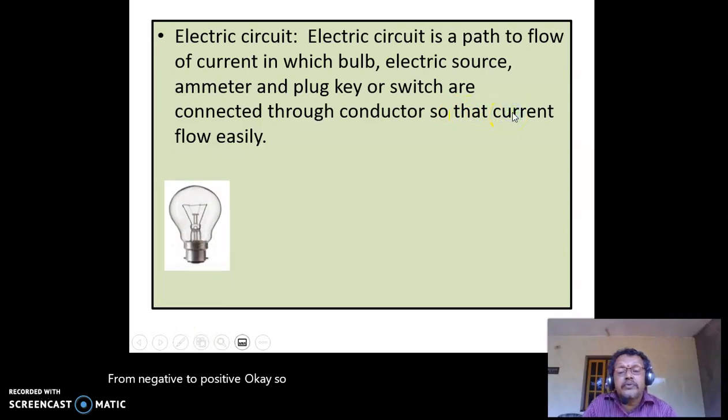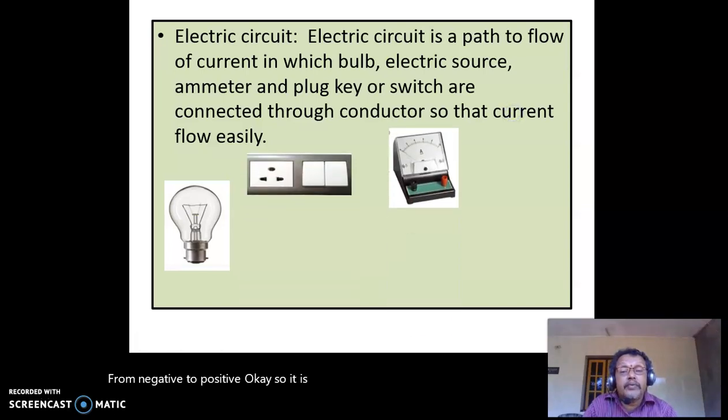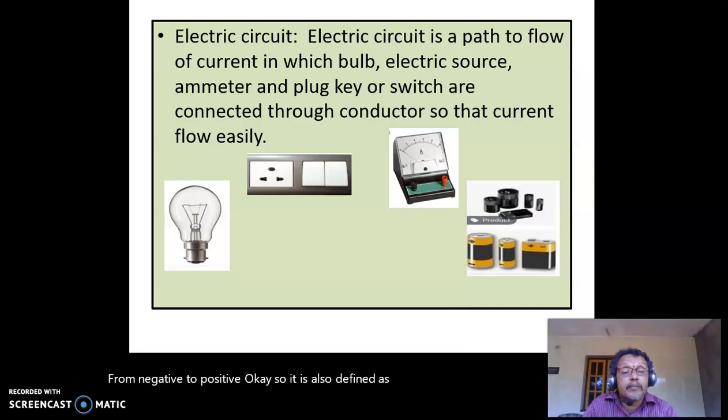This is the bulb. These are the components of a simple circuit. This is the switch, you know that. This is the ammeter. In a simple circuit the ammeter is not needed, but to measure current it is needed. These are the battery sources, battery, dry cell. This is the conductor. So these are the main components to form a circuit.